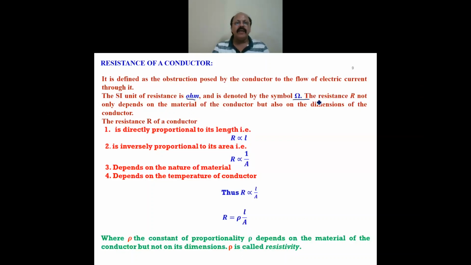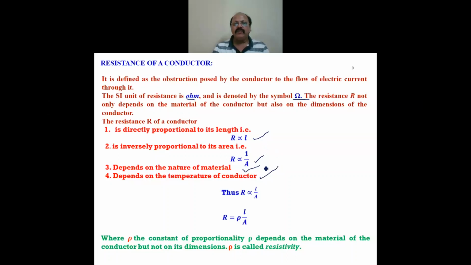So for a given conductor, the resistance is directly proportional to the length of the conductor, inversely proportional to its area, depends on the nature of material, and depends on the temperature of the conductor.